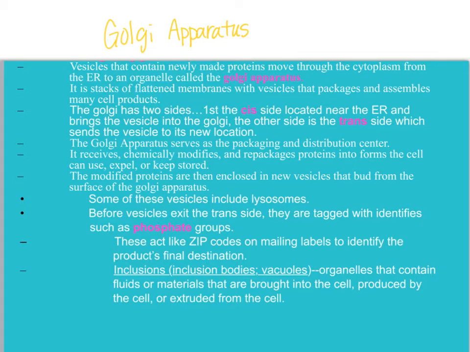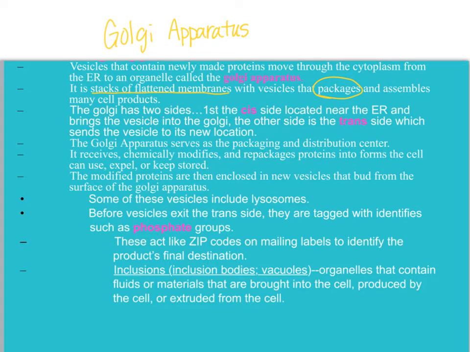So again, that we looked at in the picture just a second ago, vesicles from the ER with those proteins in them are going to move through the cytoplasm to the Golgi. Golgi is called stacks of flattened sacs or stacks of flattened membranes, and it's going to package and assemble different products in the cell. Usually that's going to be like proteins.